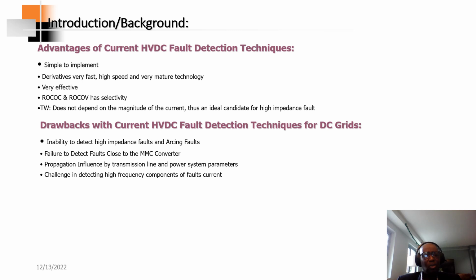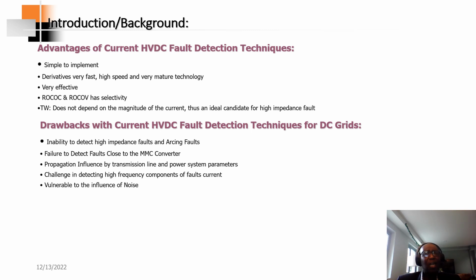As you know, when DC faults occur, they have high frequency components, and it becomes a challenge to detect these faults because of those high frequency components. Also, these DC faults are vulnerable to noise, and when it comes to noise, we have background operating noise. Just imagine an industrial facility or substation noise, which contaminates the fault signal.